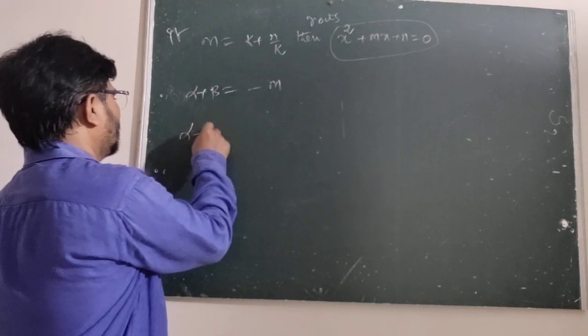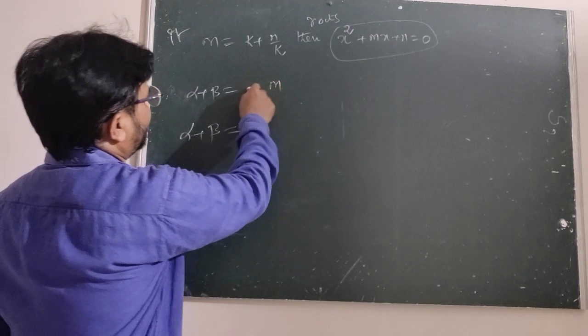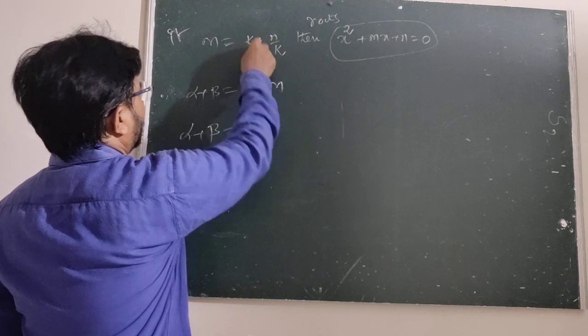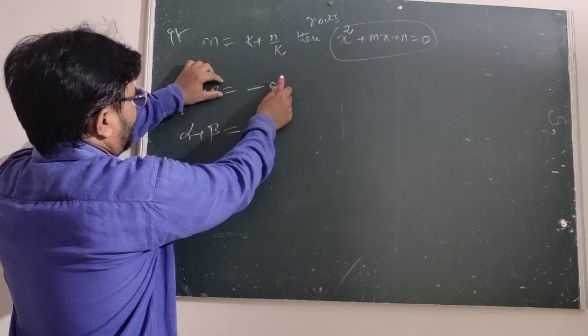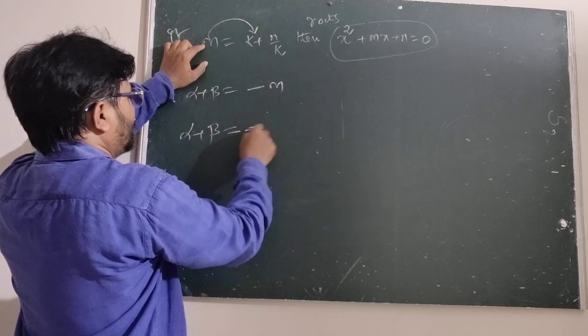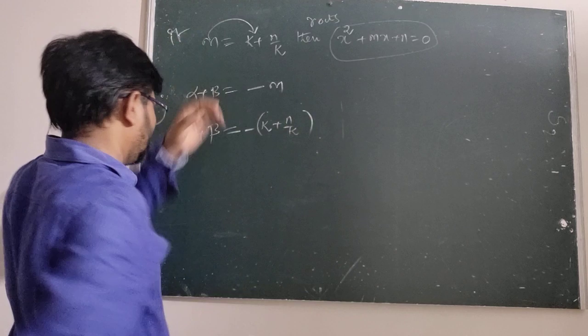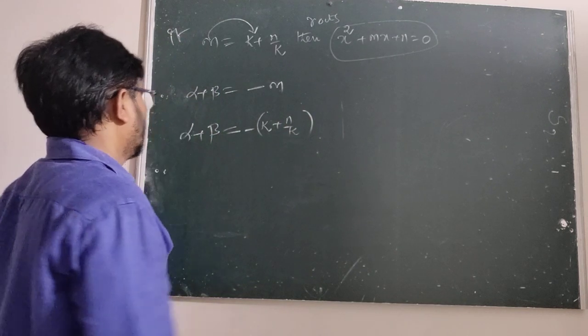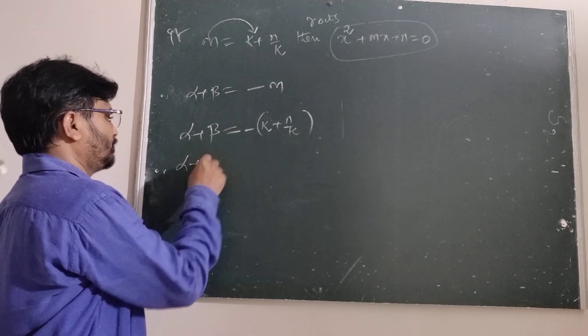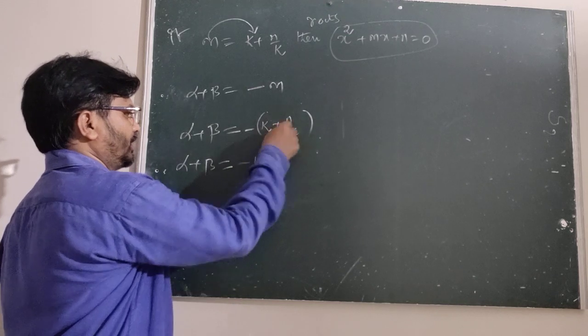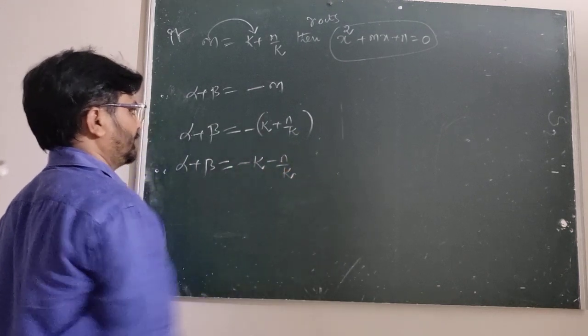In the question, alpha plus beta equals minus m, but m is given by k plus n by k. Now alpha plus beta equals minus k minus n by k.